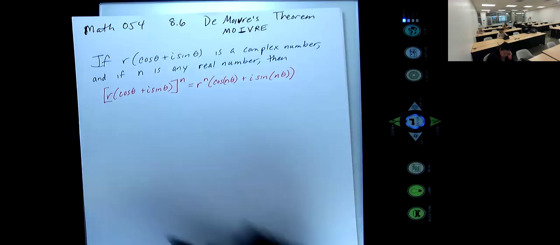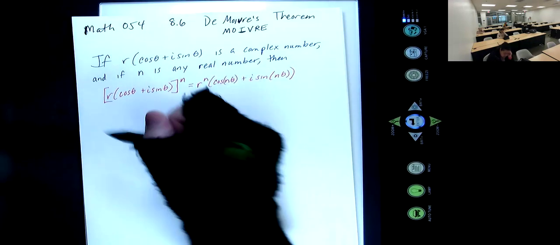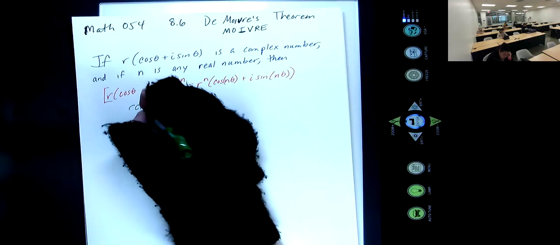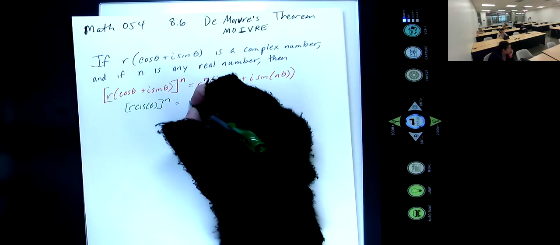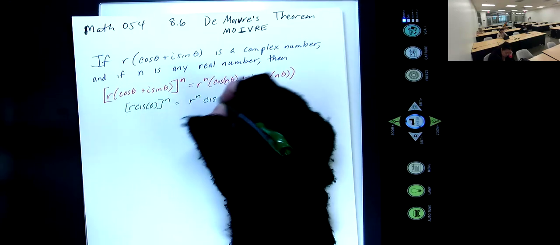And if you wanted to look at it in compact form, R cis theta to the n equals R to the n cis n theta.